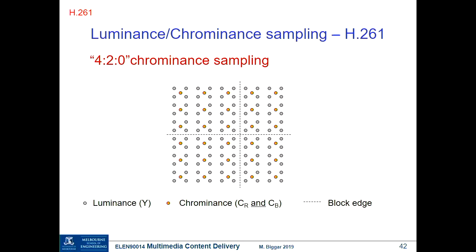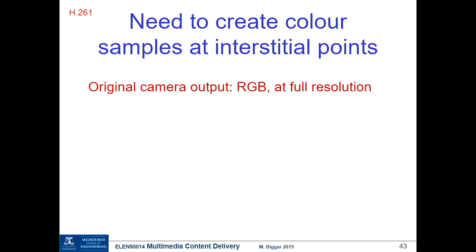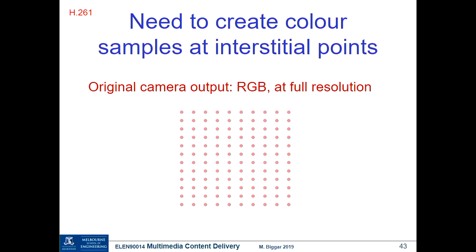When we need to reconstruct the full resolution colour to actually send it to a monitor, each of these sample points is closer to an output sample location. Does that make sense? So we need to create these colour samples at these interstitial points that didn't exist in the original.